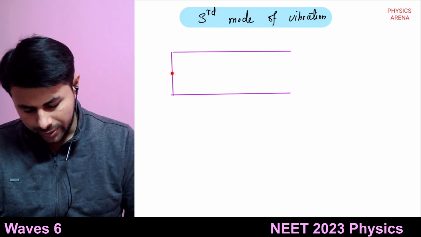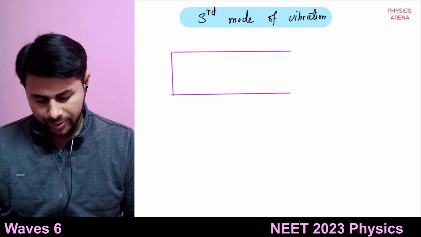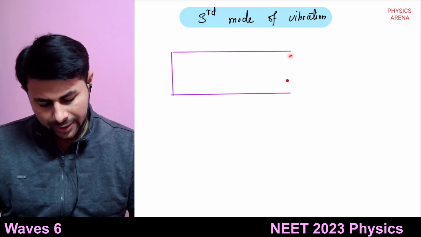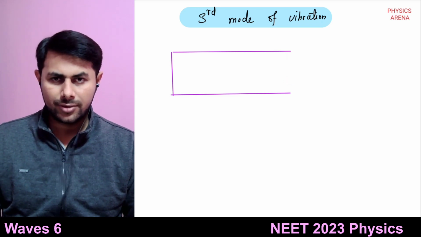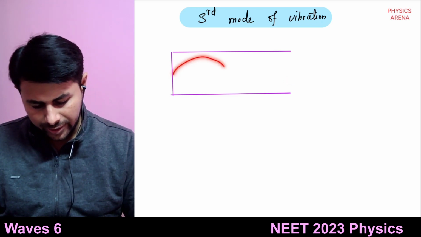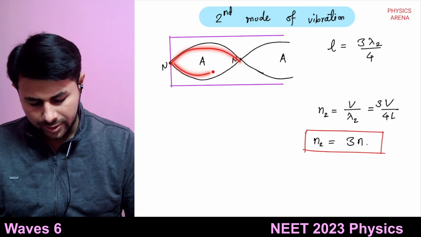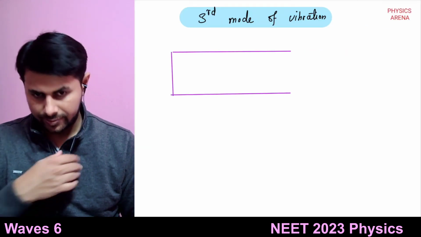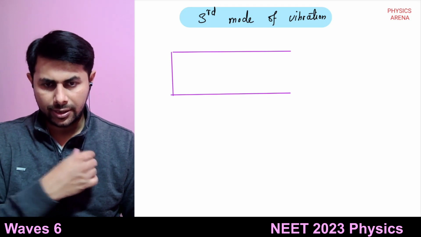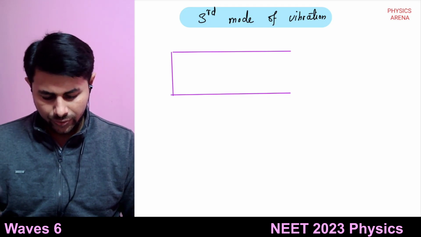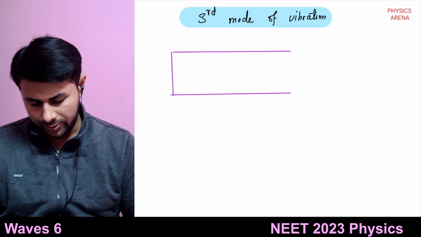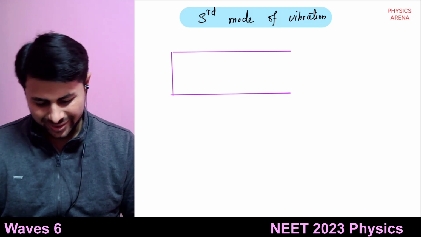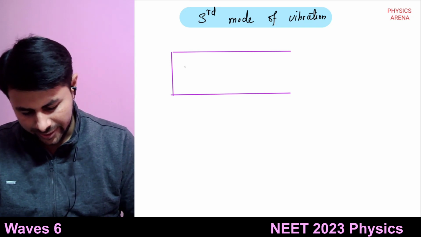Always a node is produced at this end, which is the closed end, and an antinode is produced here. In between, one loop was formed earlier. Now two loops will get formed. Again, let's remember it's not a string; this is just visualization.